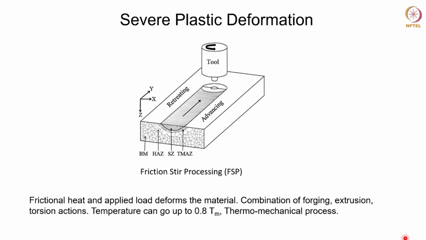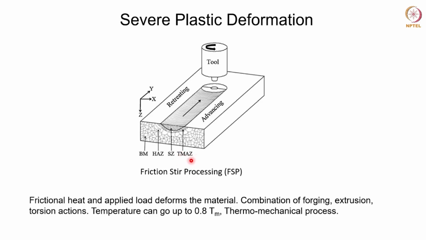So as I said, this is the stir zone which is subjected to severe plastic deformation. So this will have a fine grain size. But apart from this stir zone, there are different other microstructural zones having very definite microstructure around it. For example, just adjacent to the stir zone, you have a zone known as the thermomechanically affected zone, or TMAZ.